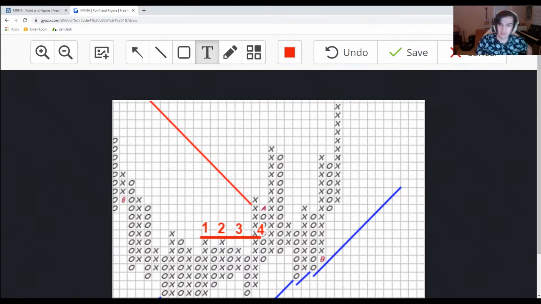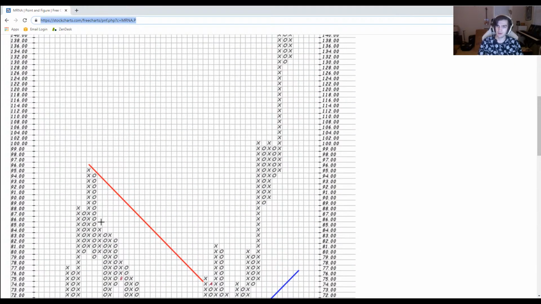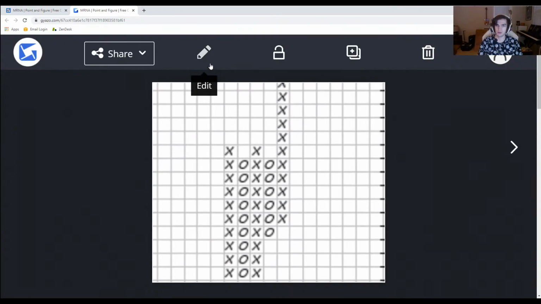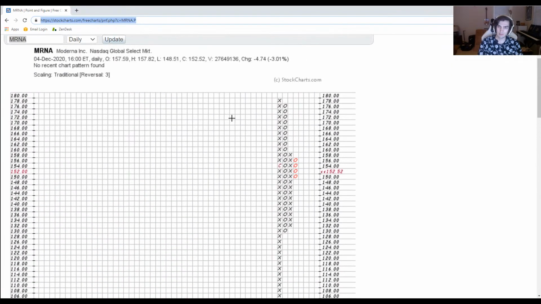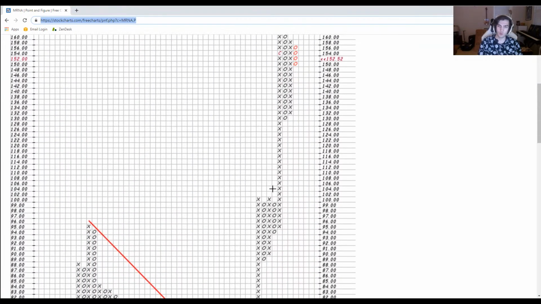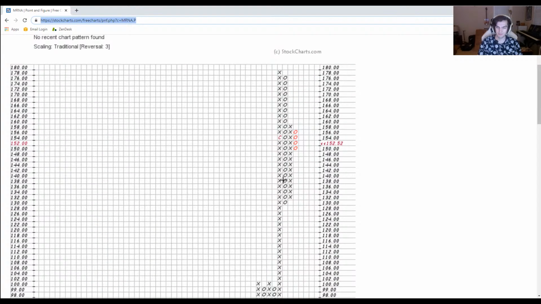Now, again, it's easy for us to go back and look at this in the history, but it's not as easy to do it in real time. But let's go see if we can find another chart signal, which we have right here. This one's pretty clear. Triple top breakout. So if we were to look at what signal Moderna is currently in, the last signal that it had was this triple top breakout, which was last month.